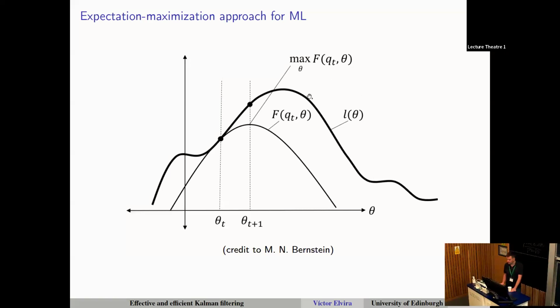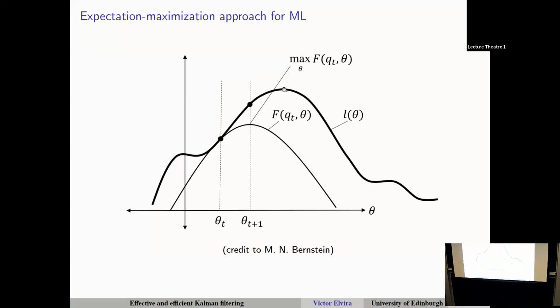But here theta is of one dimension. Let's assume that this is the function that we want to find the maximum of, the likelihood of the parameters, and we would love to find this point. This is what we are looking for, this point here. You can see my pointer, right?